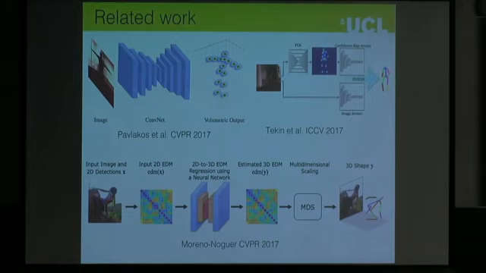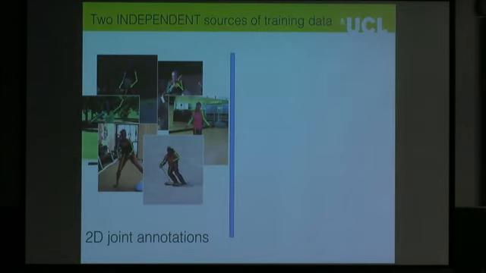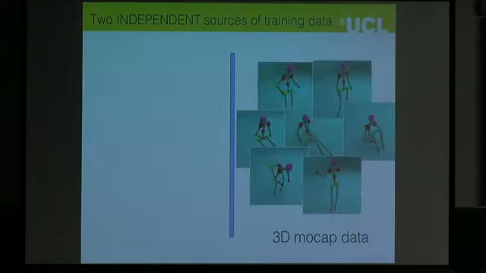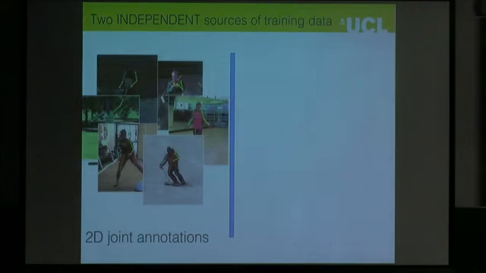And this is really what we wanted to avoid. The reason is that whereas there are many data sets that have 2D annotations of human pose, and we can take advantage of all of these, what we really don't have a lot of is images that are associated with 3D skeletons.